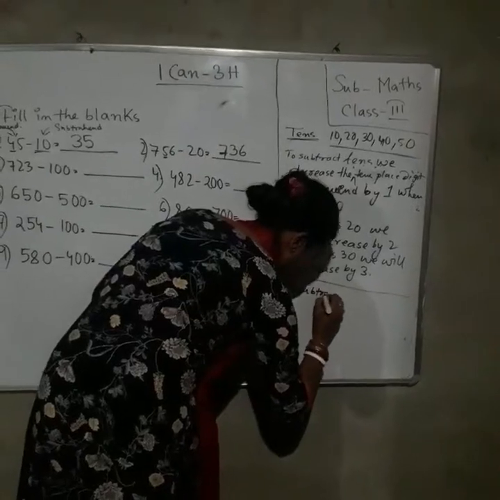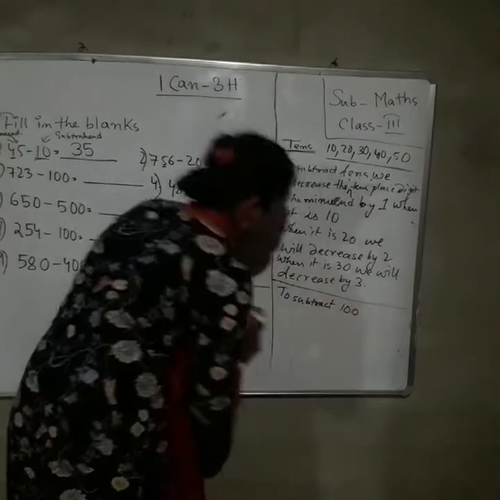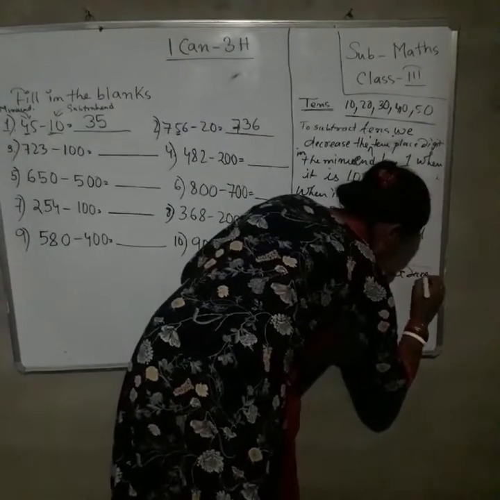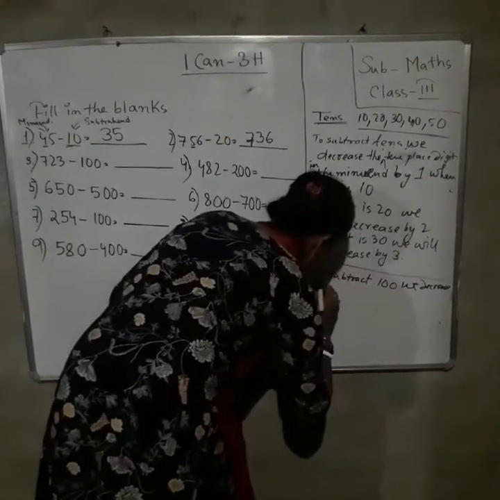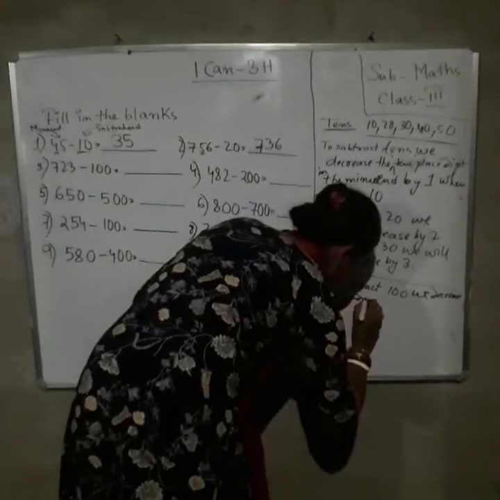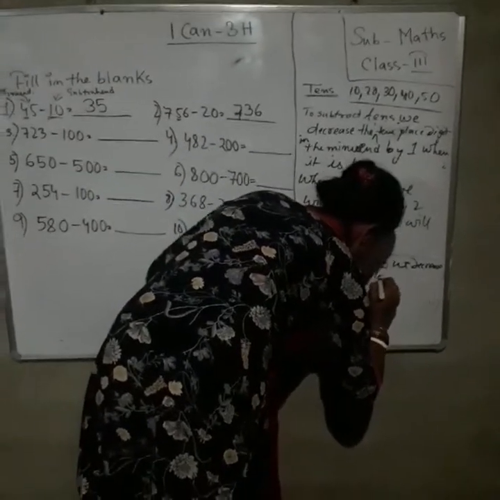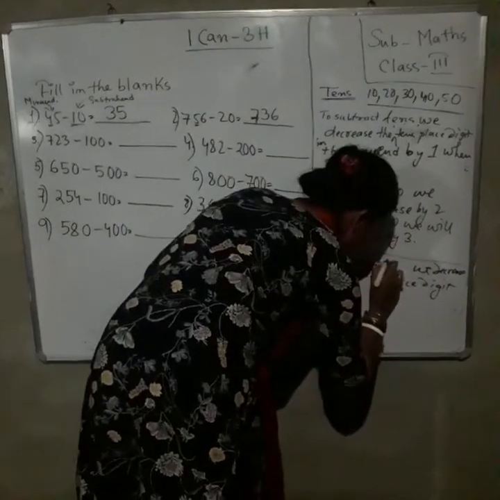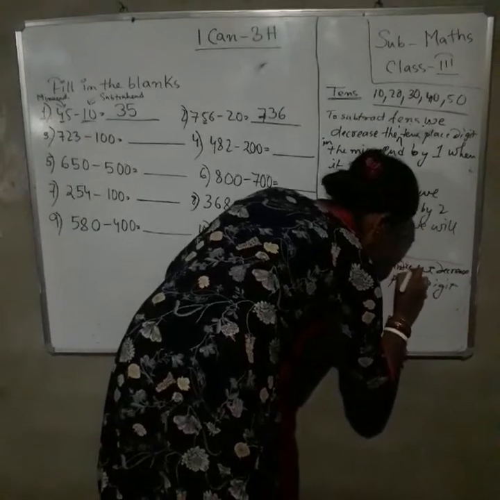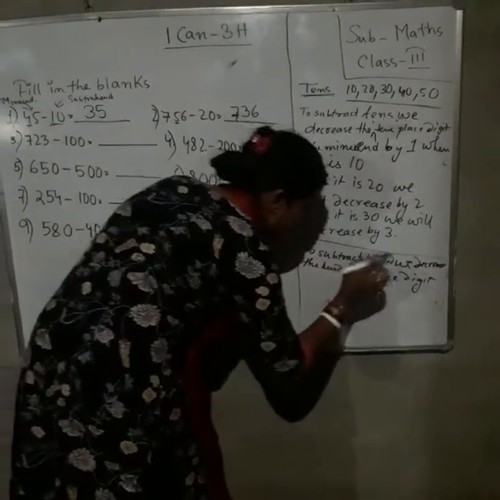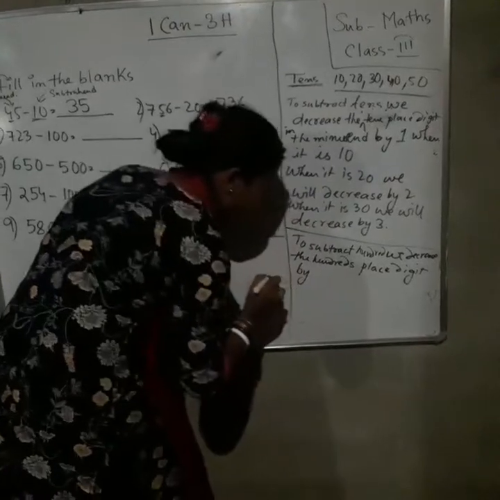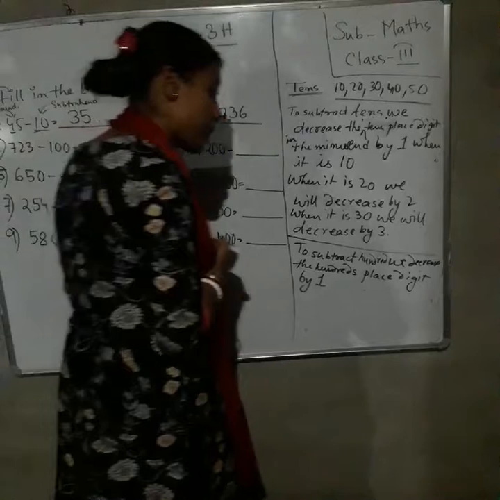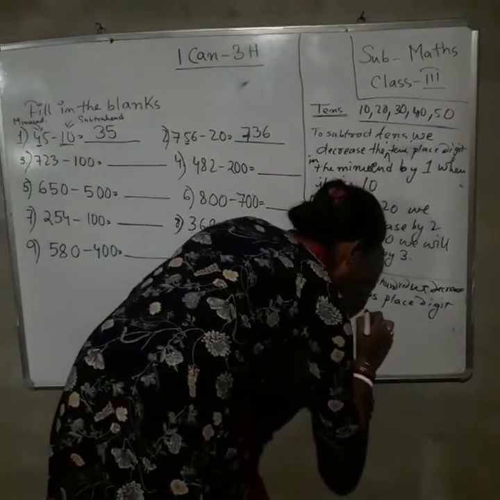To subtract 100, we decrease the hundreds place digit by 1 when it is 100.